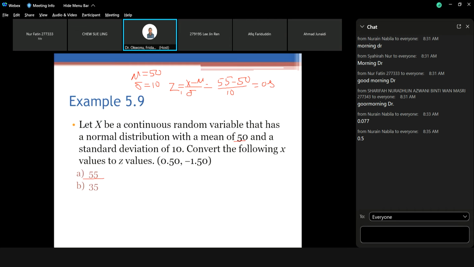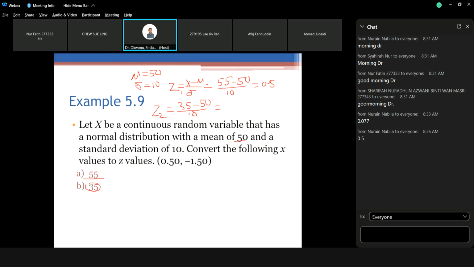Okay. Then the second one, your X is 35. So Z2 equal to 35 minus 50 all over 10. This is your value.